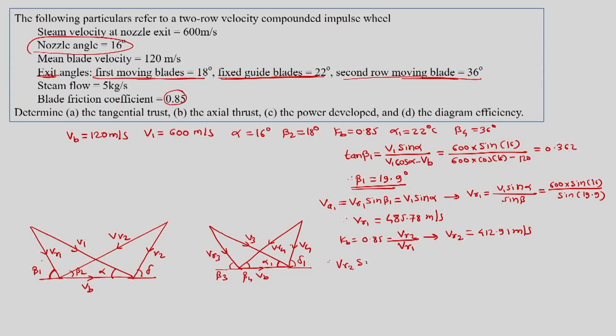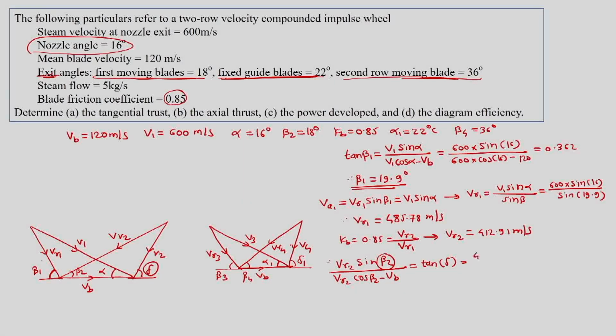So we can find out the outlet absolute velocity angle as VR2 sine of beta 2 divided by VR2 cos beta 2 minus VB is equal to tan of delta. So we are finding out this angle delta. Now we know VR2, we know beta 2, so we can make use of this.